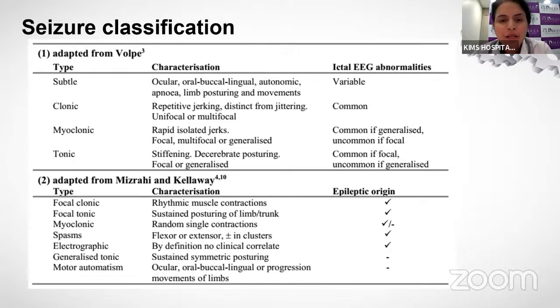There may be oral, buccal, and lingual types of subtle seizures in the form of lip smacking, tongue thrusting movements, or sucking movements. There could be autonomic variations, especially in the form of epileptic apnea, and the characteristic pattern in apnea due to seizures is coexisting tachycardia, as different from bradycardia that usually occurs with typical non-epileptic apnea. If it is due to epilepsy, then it is accompanied by tachycardia.